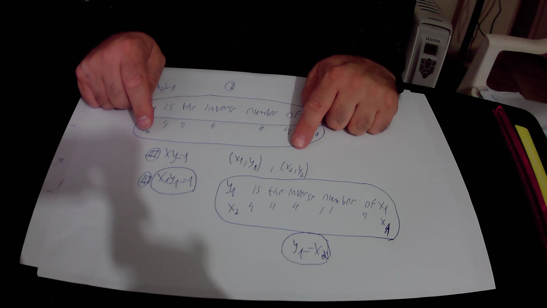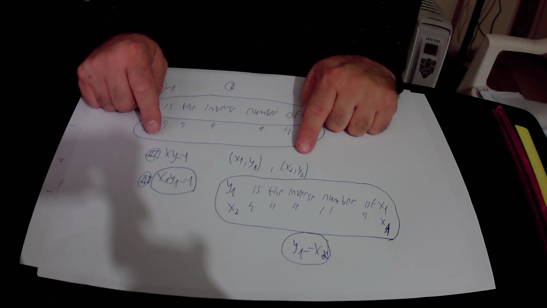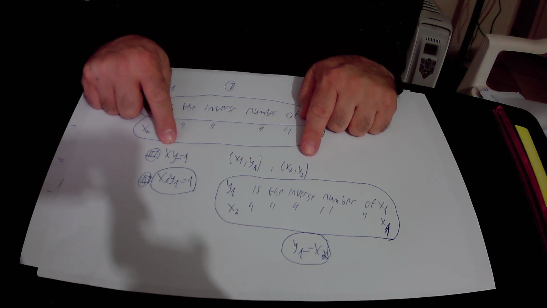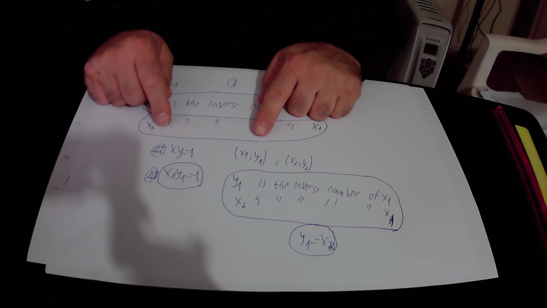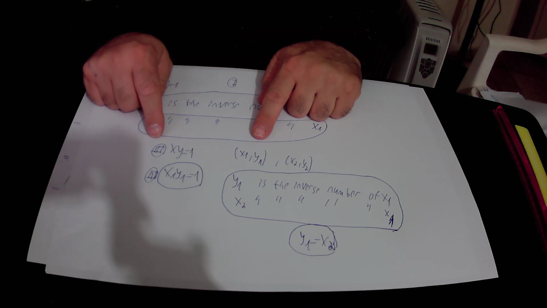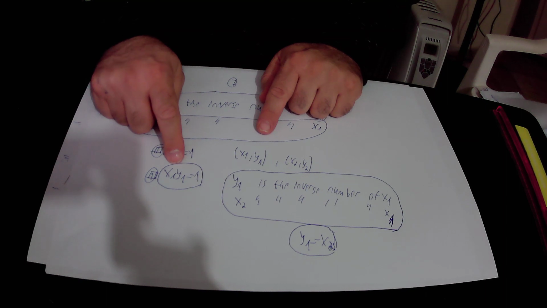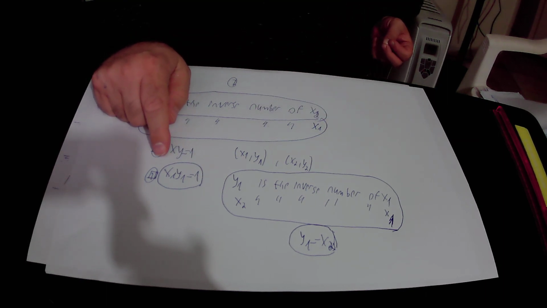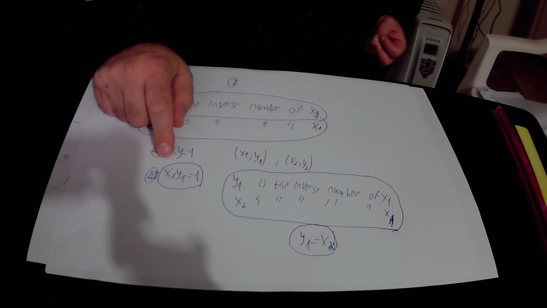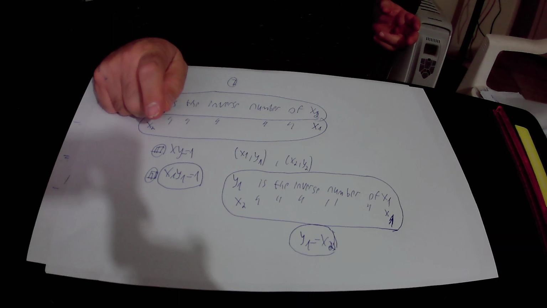The second possible solution is x2, y2, that is to say x equals x2 and y equals y2. So we put the first solution inside equation number 3, and we found out that x1 times y1 equals 1. What does this expression mean? It means that y1 is the inverse number of x1.